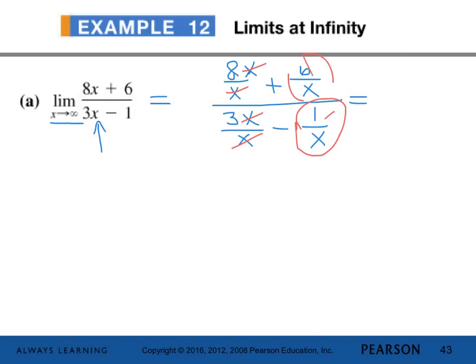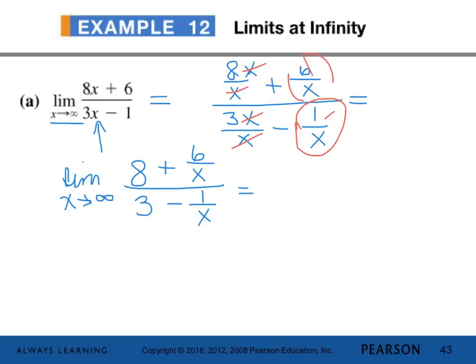This is kind of like the summary of the whole chapter. So that limit becomes equivalent to the limit as x approaches infinity of 8 plus 6 over x over 3 minus 1 over x.